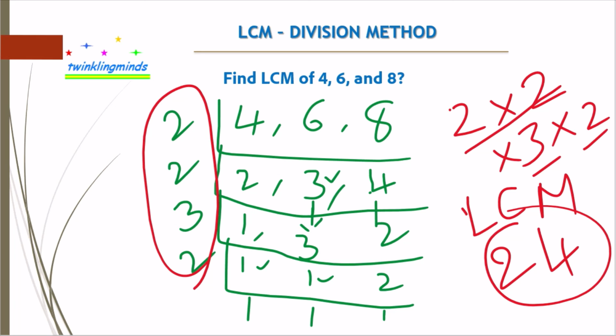Why? Because the prime factorization method takes longer time compared to the division method. So if it is not explicitly mentioned, find LCM using the division method.